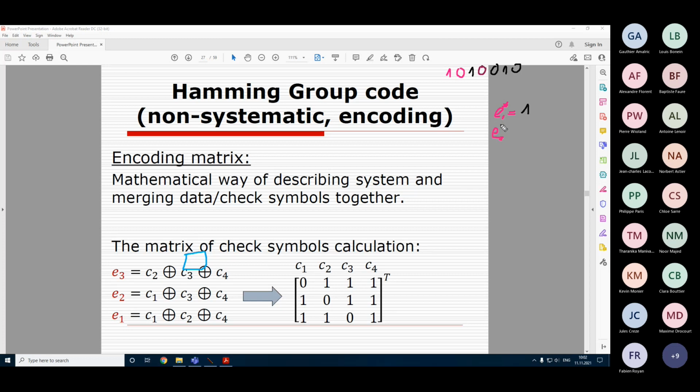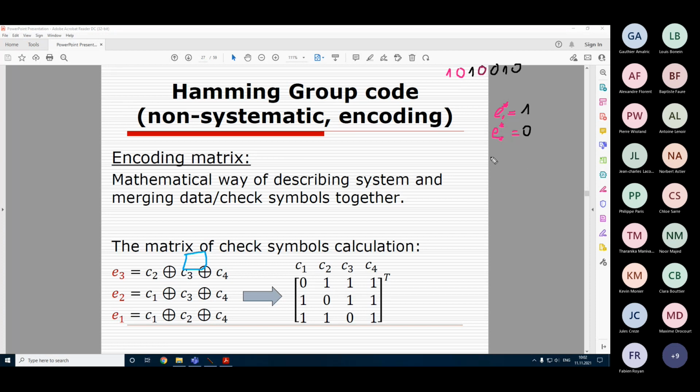Now we calculate E2 with asterisk. Then again, none of the control or information symbols have been changed, so it will be the same as received. Yes, it will also be 0.